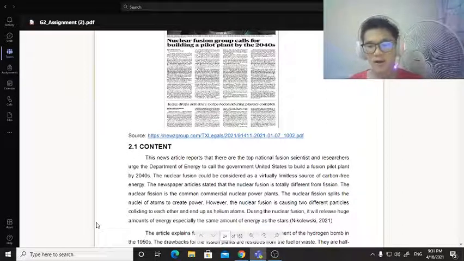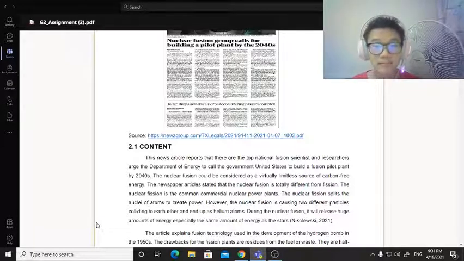According to Einstein's equation, E equals mc squared, when two particles collide, the loss of mass becomes energy: the mass times the speed of light squared. So a very huge amount of energy can be produced.